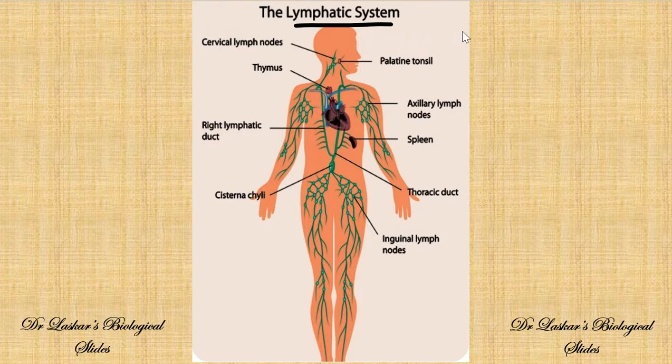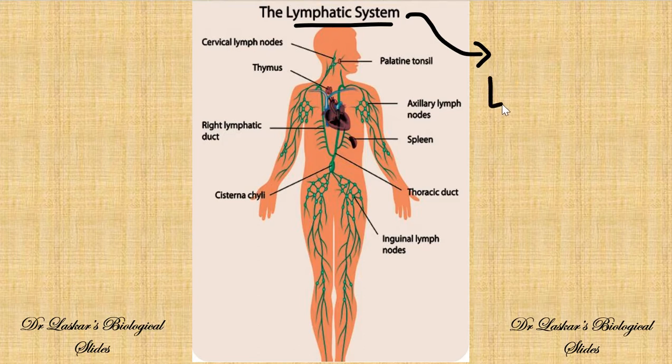It helps in the production of white blood cells, mainly the lymphocytes and the monocytes, and also helps in the formation of antibodies. This way the lymphatic system helps us generate immune responsiveness against any disease causing pathogens.